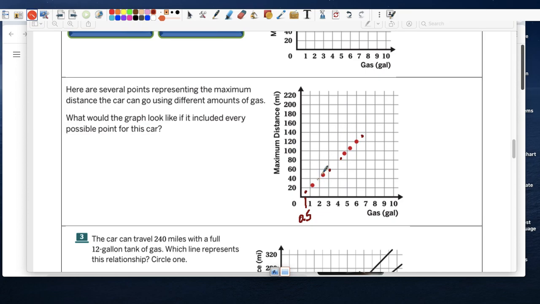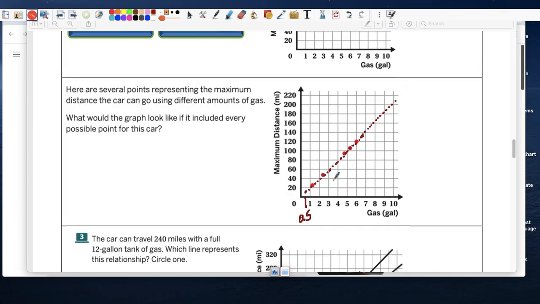So all these ordered pairs represent a different amount of gas that I have in the car and a different amount of distance I can drive with that particular amount. So can I do this? And you notice that there are billions and billions of points in there.